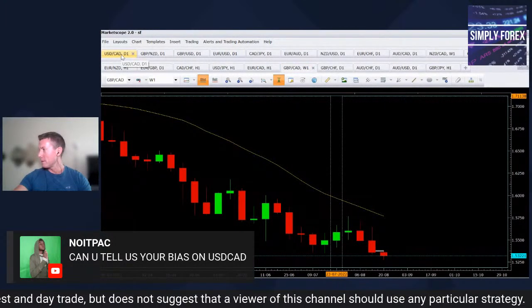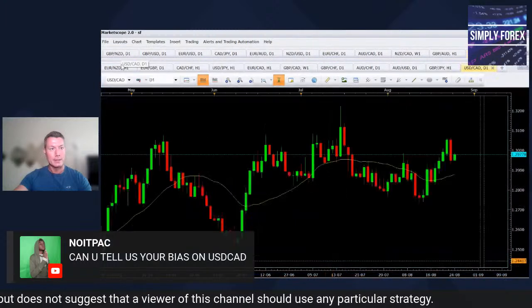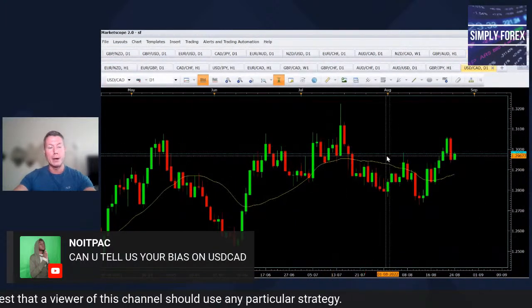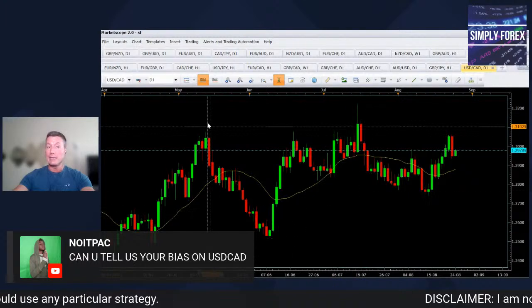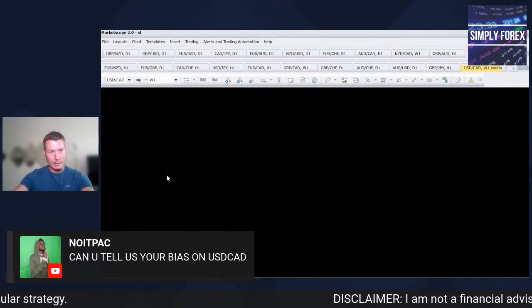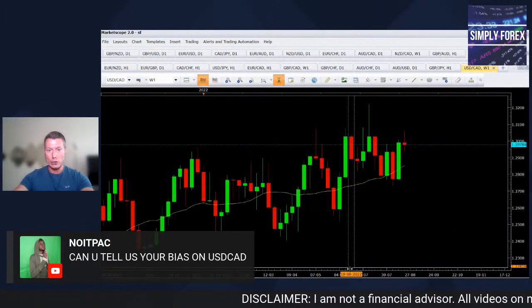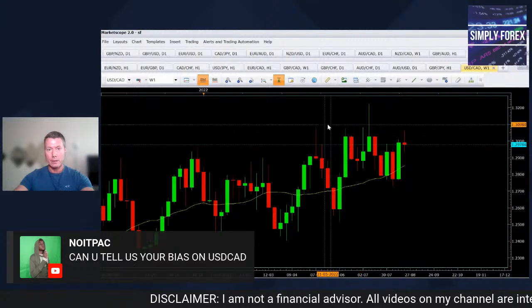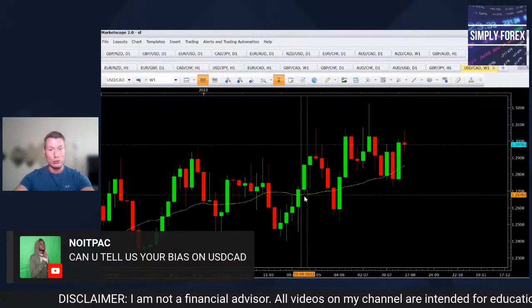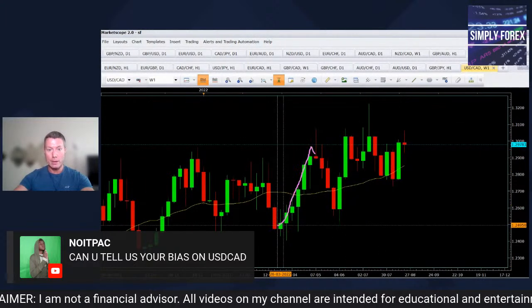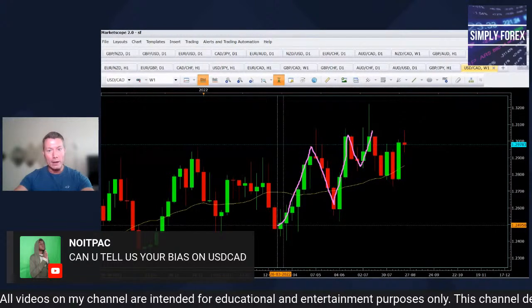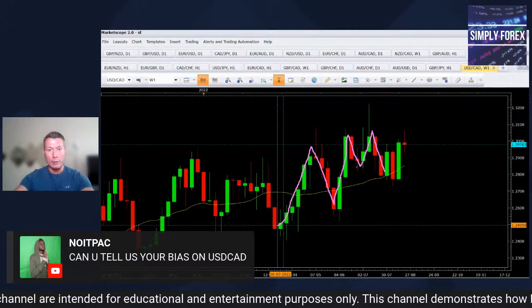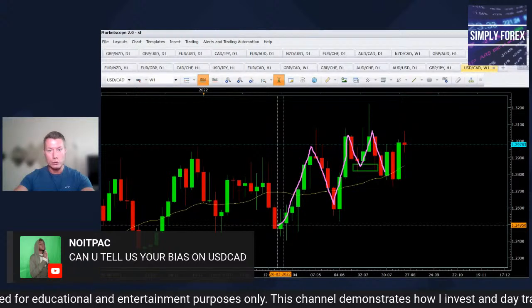US dollar CAD, my bias. This is in a weekly daily battle. On the weekly chart, we are arguably in a downtrend. We were in an uptrend, higher highs, higher lows, but it didn't create a higher high, and then it broke down and broke these lows.